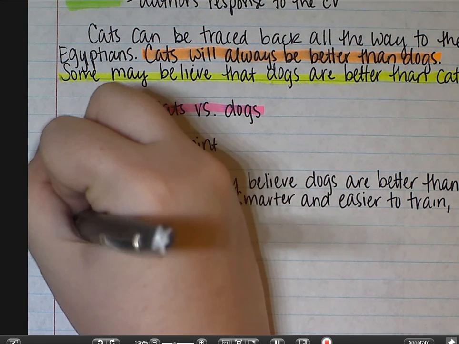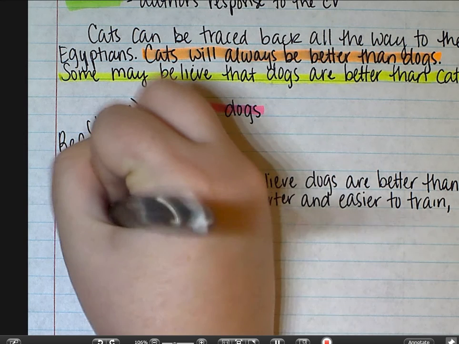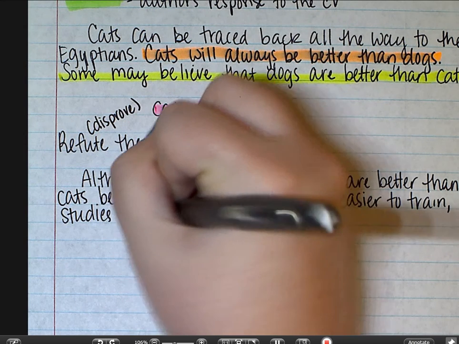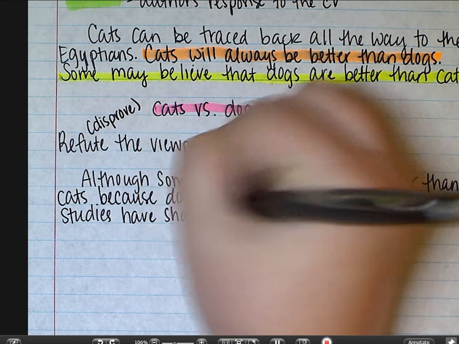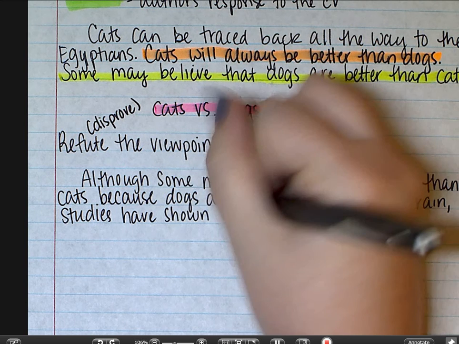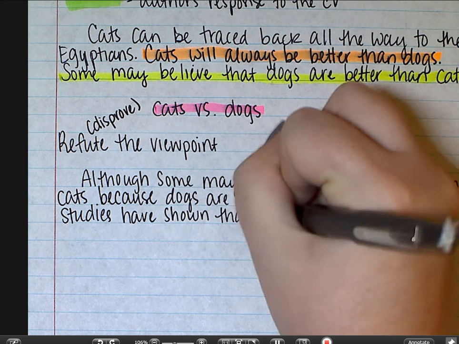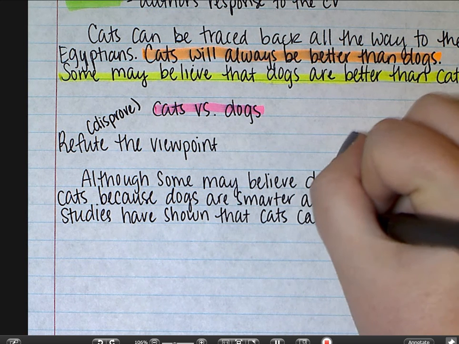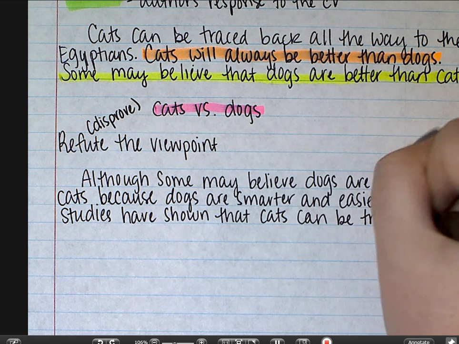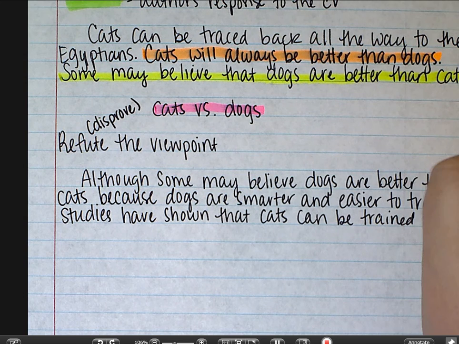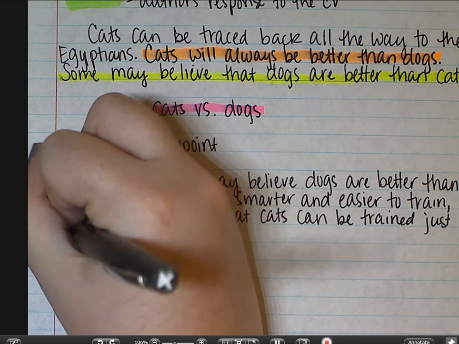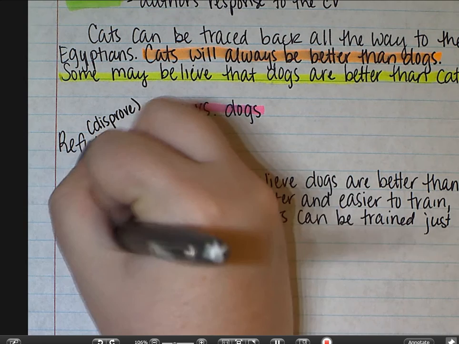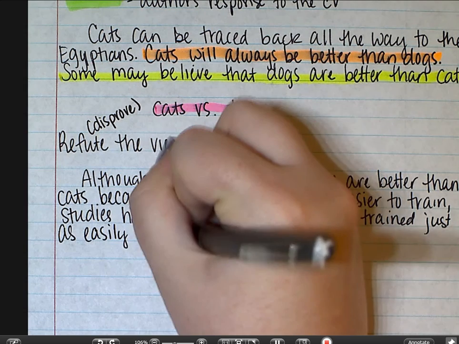Studies have shown that cats can be trained just as easily as dogs.